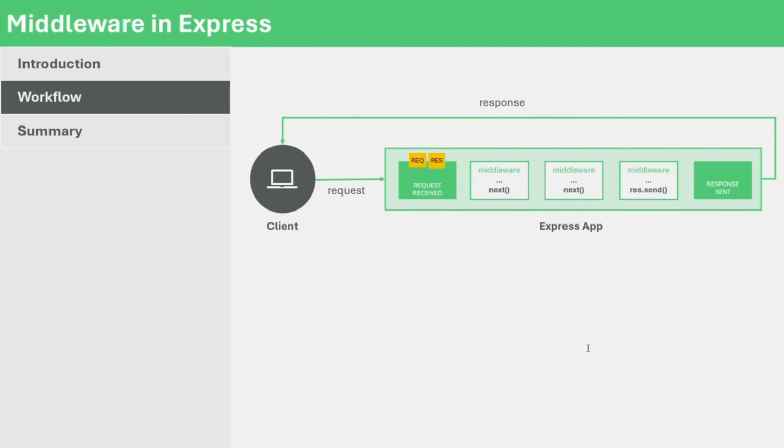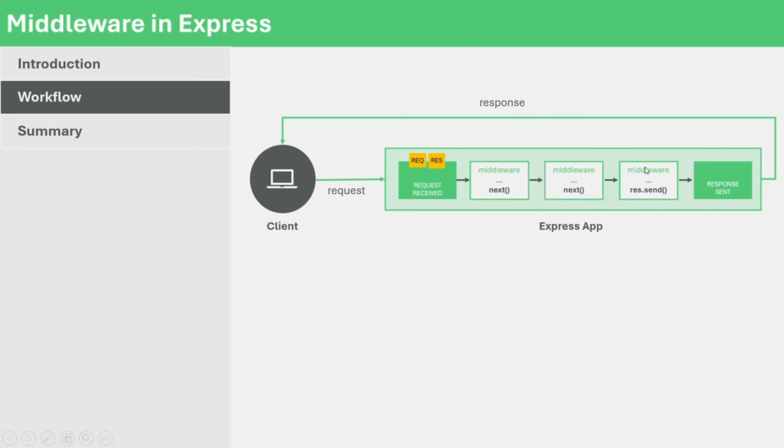Now, when we create a middleware, most of the time we create a middleware that can be executed for all the incoming requests. So in between the request being received and the response being sent, we can have multiple middlewares. And in technical terms, all the middlewares which we use in our Express app are together called the middleware stack. So here, let's say we have received a request. Now this request will go through all these middlewares one after the other.